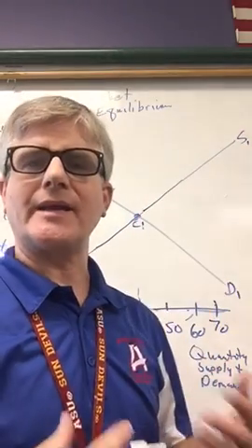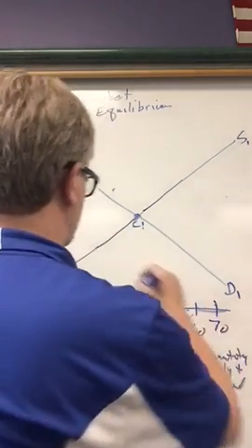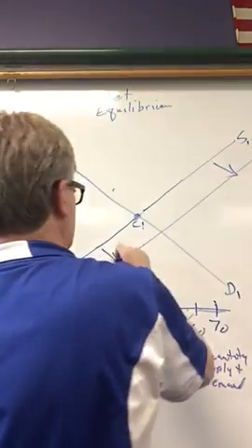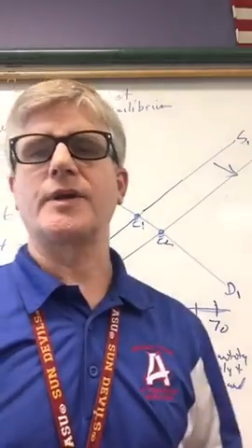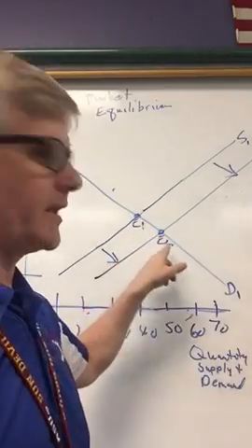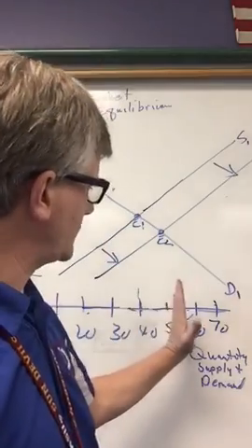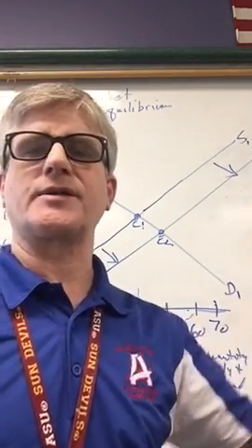So we're going to start at E1, this is equilibrium, and we're going to increase supply. So with an increase in supply, as you can see, we go from E1 to E2, so price goes down, and quantity supplied and quantity demanded go up. So we're shifting to the right, but price is going down.